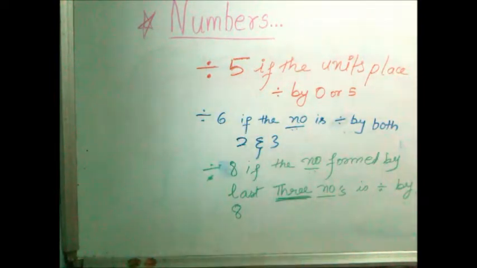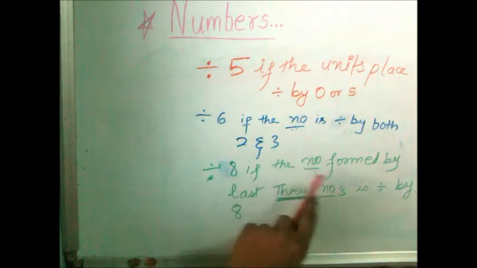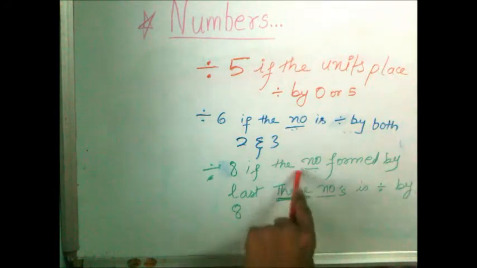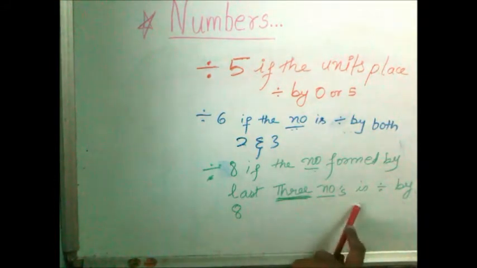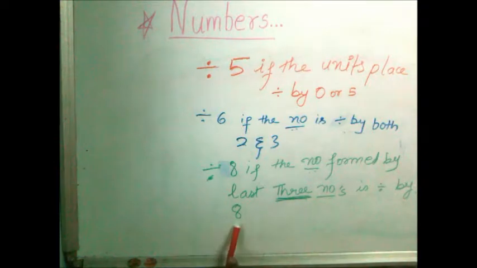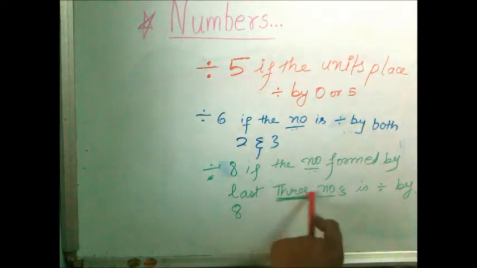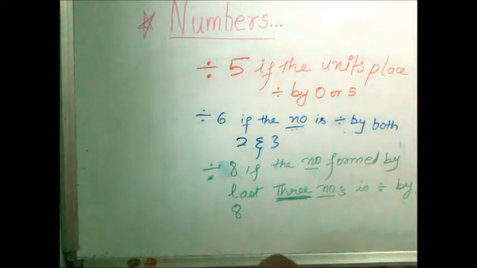Next, the number 8. A number is divisible by 8 if the number formed by the last 3 digits is divisible by 8. Let's move on to other numbers.